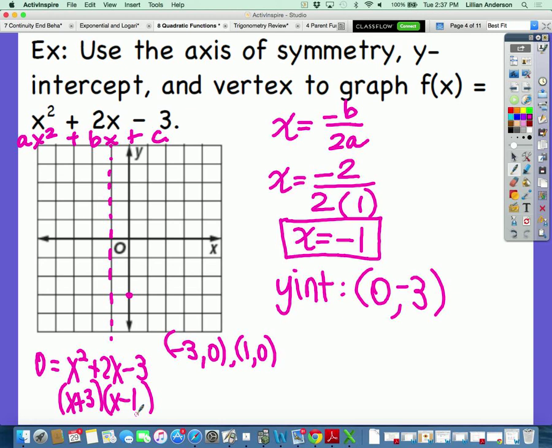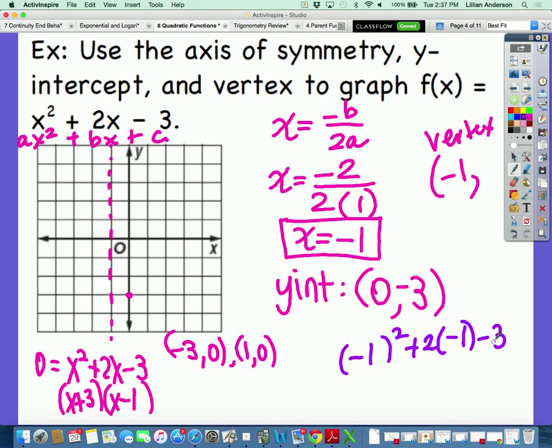I'm looking for my vertex. I know what the x-coordinate is already. It's the axis of symmetry. So my vertex is -1 for the x. To find my y, all I need to do is, what do you think? Plug in -1 for x into the original function. So I plug it in. And you don't understand how important parentheses are sometimes?